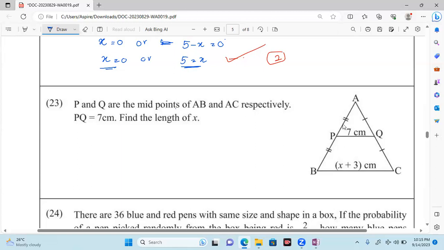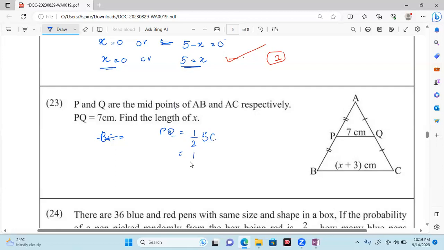That means we can say, sorry, not BC, we have to say about PQ. PQ equals half of BC.